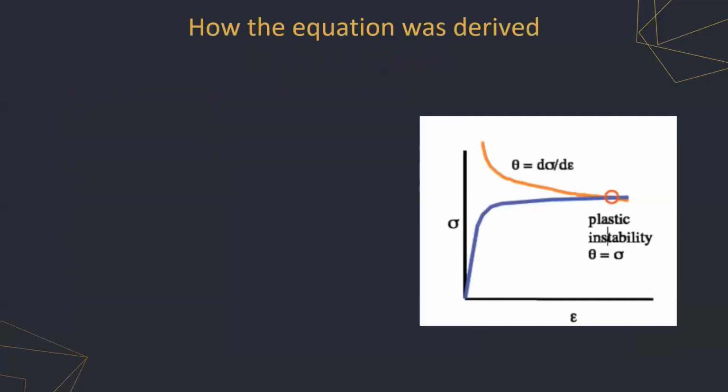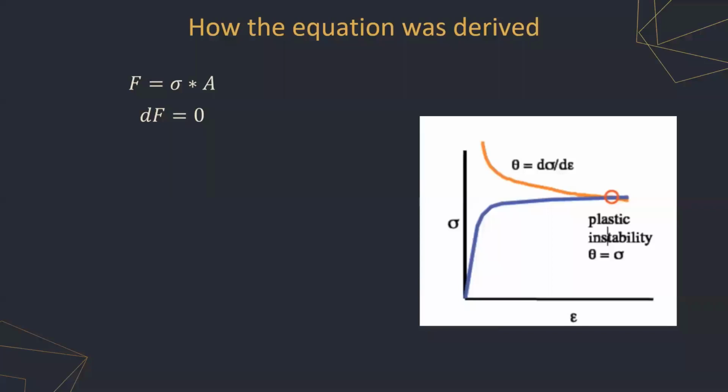Now let's have a clear understanding of how this equation was derived. First of all, let's consider this equation, which is the load carried, F equals sigma times A, where sigma is the true stress and A is the instantaneous area. We can easily obtain it from the true stress-strain curve. Here at the necking point, the slope is 0, so dF equals 0.